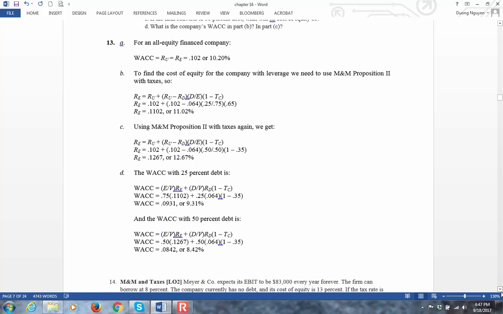Very similar with 50% debt: cost of equity is 12.67, weight of equity 50%, weight of debt 50%, cost of debt remains the same 6.4, tax rate 0.35, and cost of capital is 8.42%.